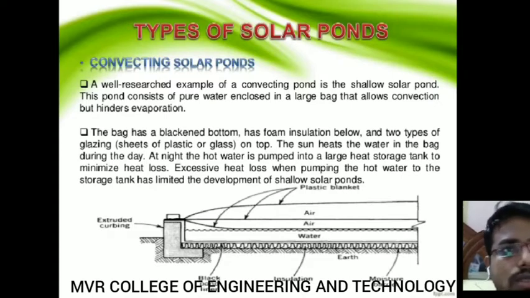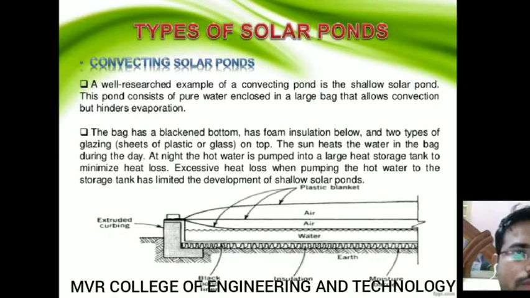This is one type of solar pond, where the bag is inserted with plastic sheets which absorb more heat. Depending upon the sources, we have to use foam insulation in order to absorb more solar radiation. So this is about convective solar ponds.